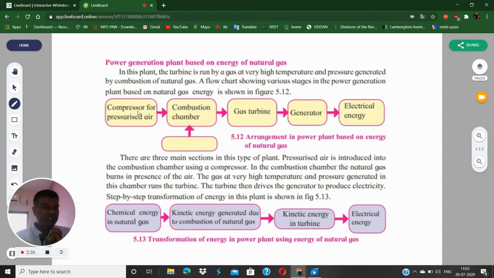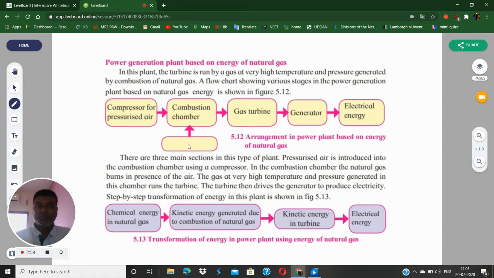Now this natural gas, which kind of natural gas have we used here? That is methane. Actually, in your book there is an empty place that does not show any kind of fuel here. But we have put one common fuel, whose name is natural gas.